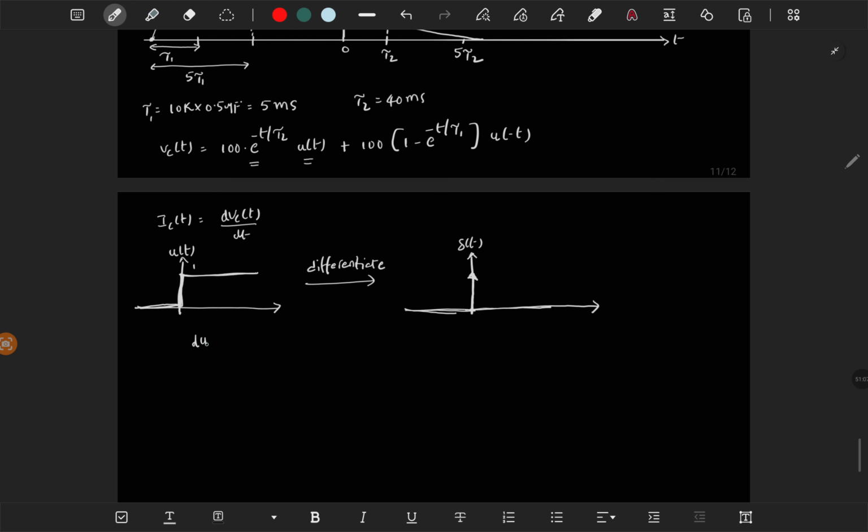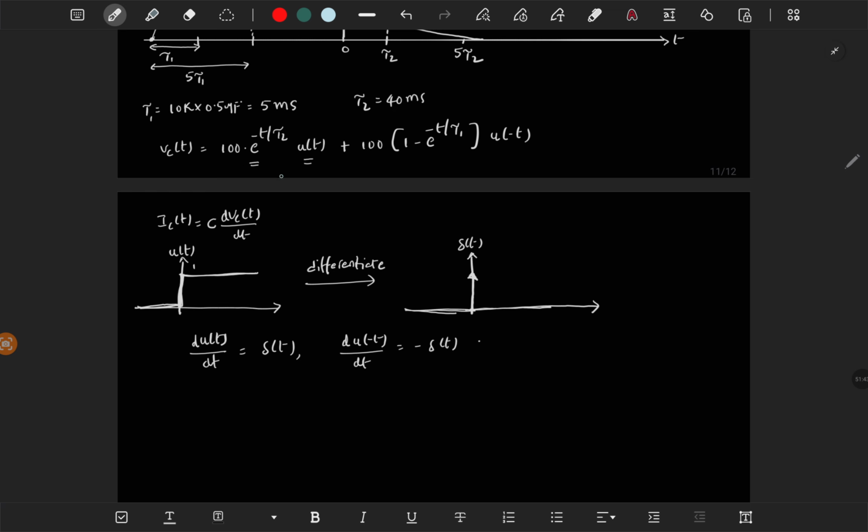So du of t by dt is del of t, and du of minus t by dt is minus del of t. And if you differentiate this expression and multiply with C, you will get C times dV by dt. You will get that current.